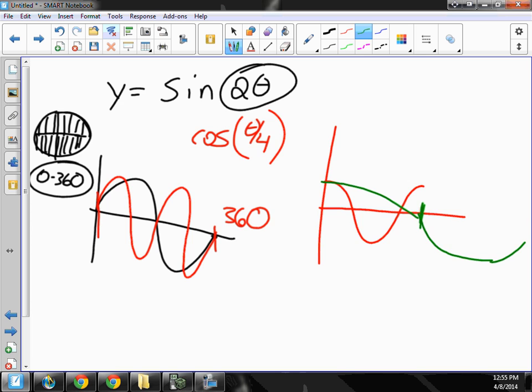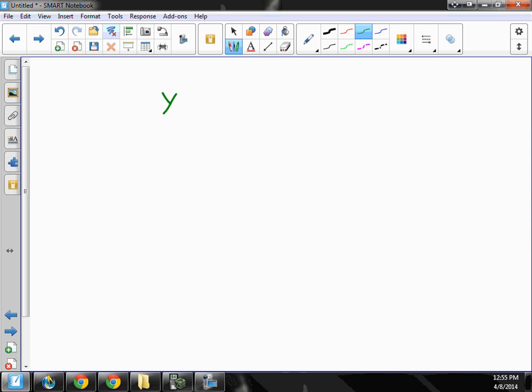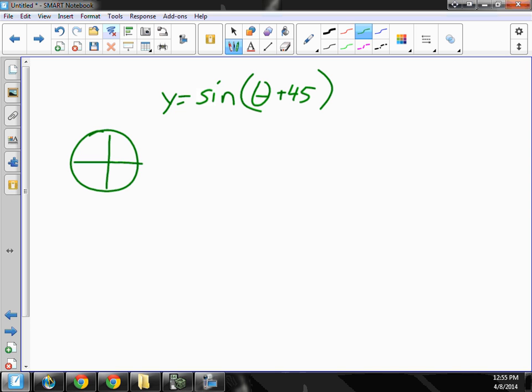Okay? What about y equals the sine of theta plus 45? What would that mean? So here's my unit circle. My normal sine curve is going to look like this. And that's because I started at 0 degrees.